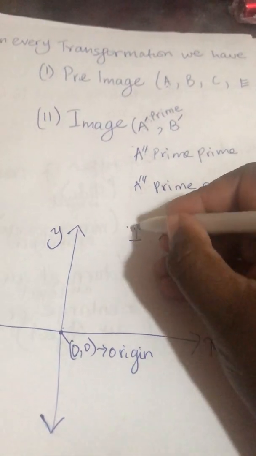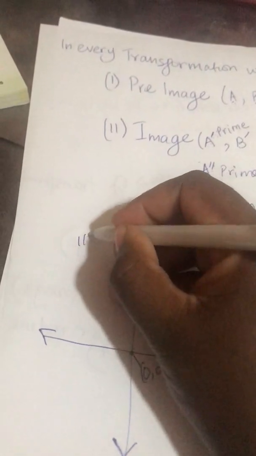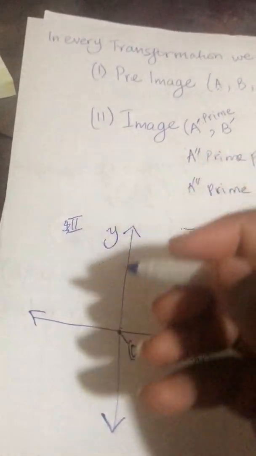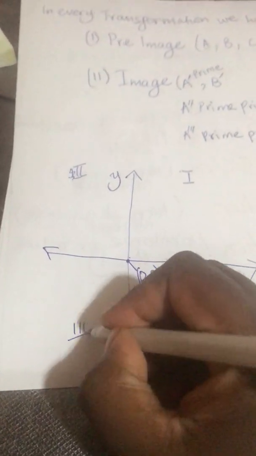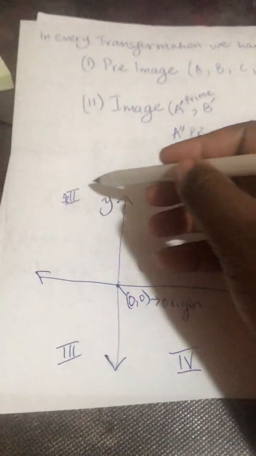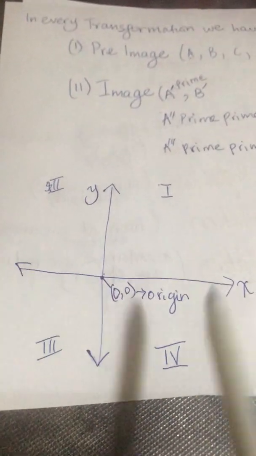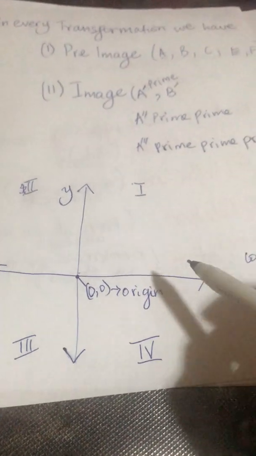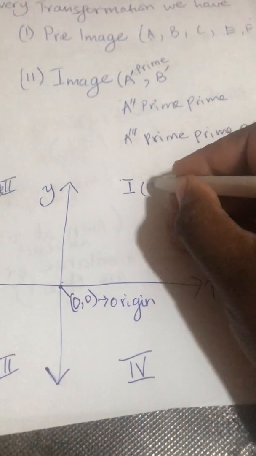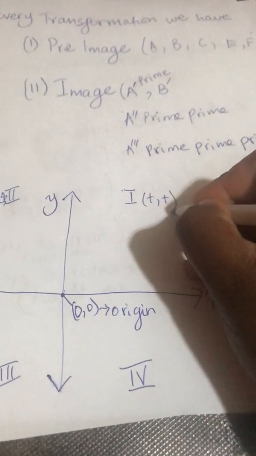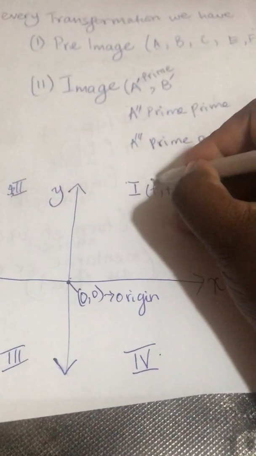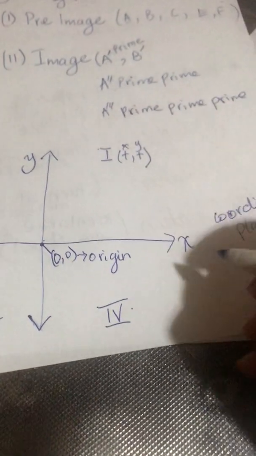Remember, this is quadrant 1. This is quadrant 2. This is quadrant 3. And this is quadrant 4. You have to remember, this is your starting point. Okay, you have to remember here, x is positive, y is positive. I write this so that I remember when I see points, I know where I'm labeling. You have to remember, this is x, this is y.